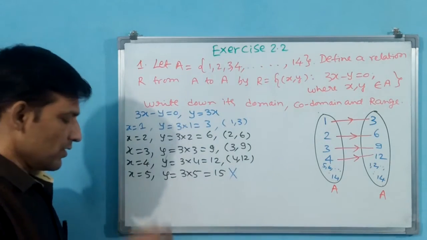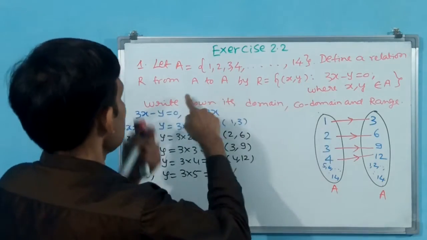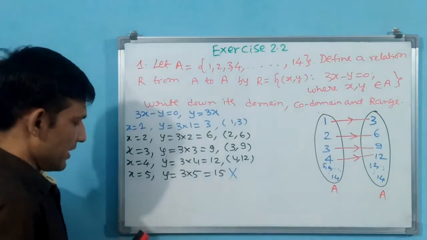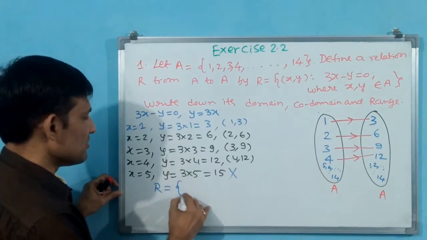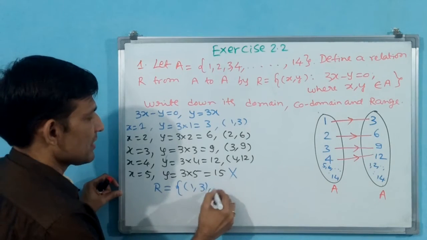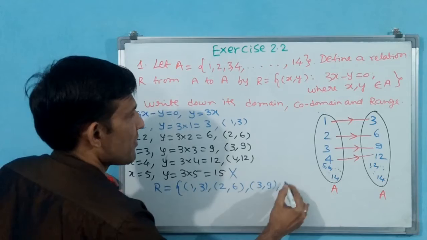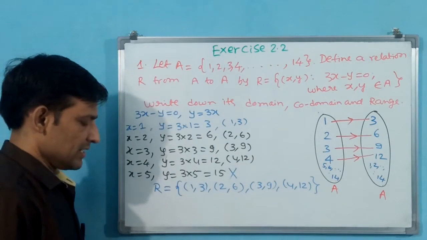Okay. Now, roster form I am writing. Why? Because he asked us to write the defined relation, and set builder form he has given. Write its domain and then. Okay, in roster form, relation R is equal to {(1, 3), (2, 6), (3, 9), (4, 12)}. This is the relation.